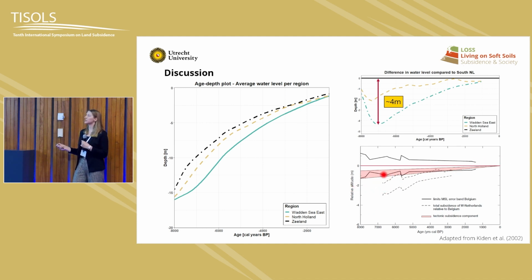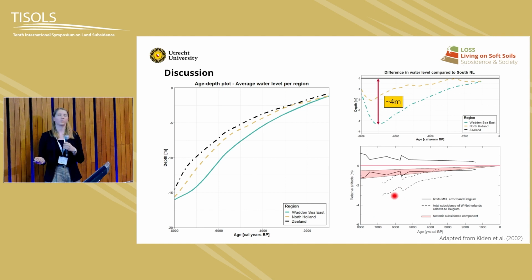What you can see is that only part of the subsidence is explained by this tectonic rate, but you also see a decreasing trend, so they come closer together. This is probably this glacial-isostatic term that is not linear, but decreasing over the Holocene. And that's almost exactly what we see here as well.